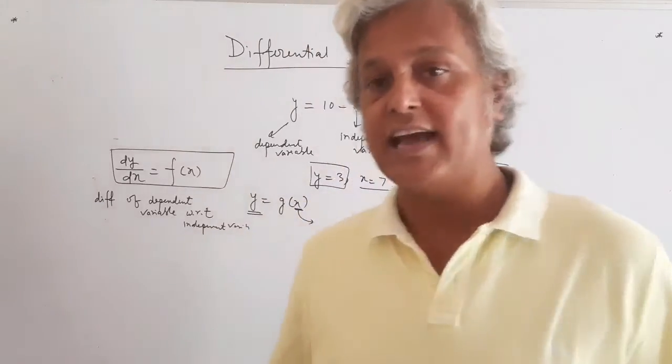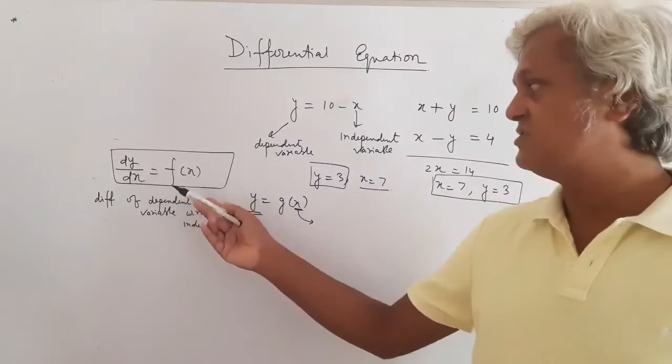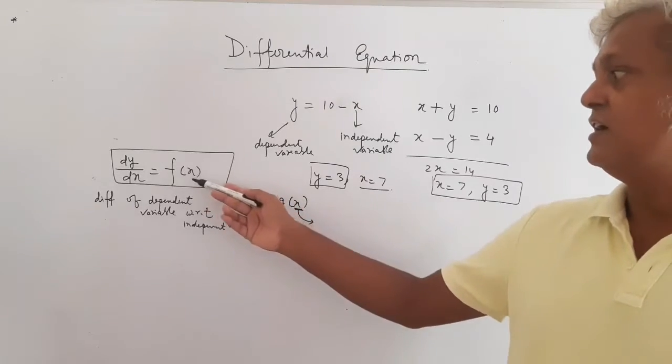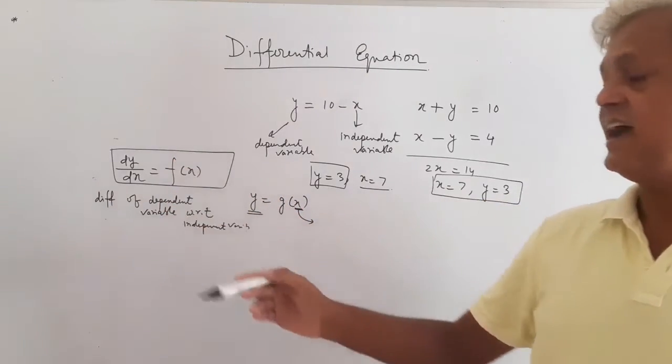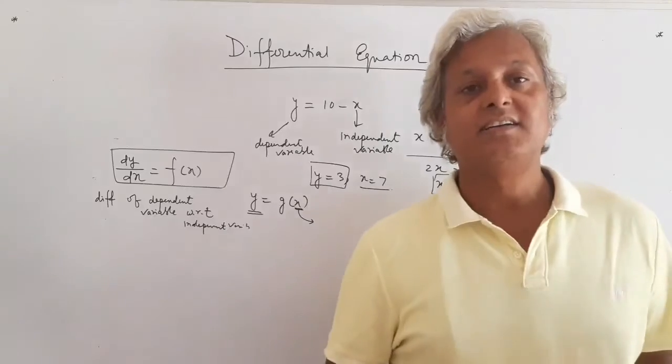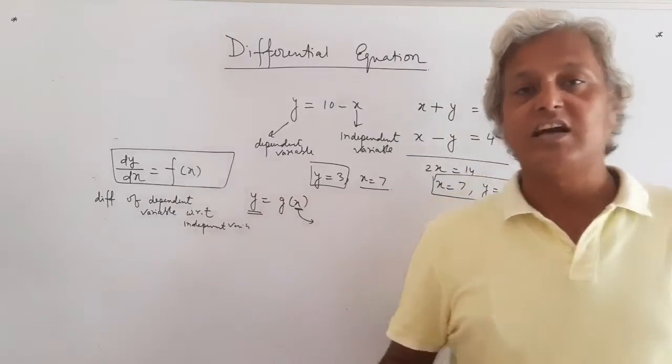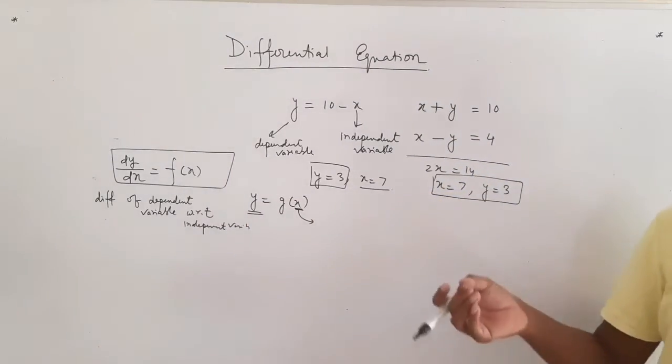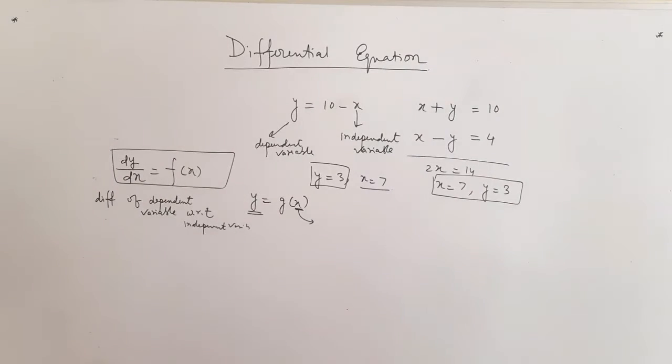Sometimes we also say that equations which consist of differential coefficients and variables are called differential equations. Now we'll come to the formal definition a little later, but let me clear this whole thing.